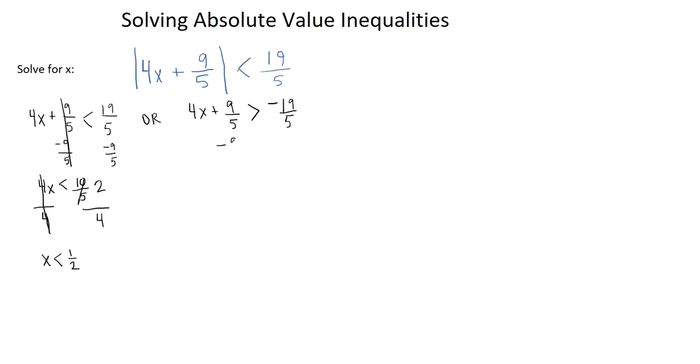And for this one, minus 9/5, minus 9/5, and we get 4x is greater than negative 19 minus 9 is going to be negative 28 over 5.